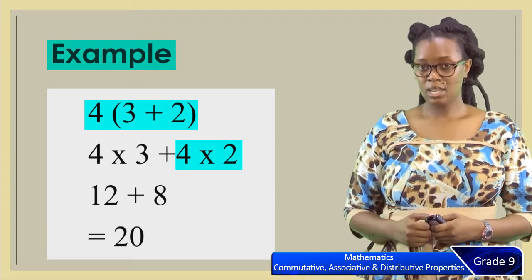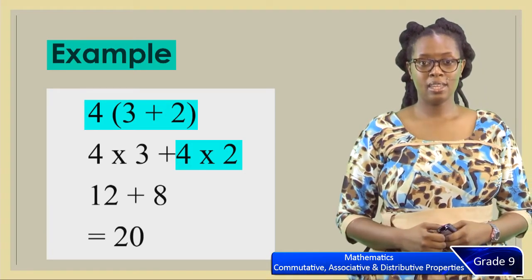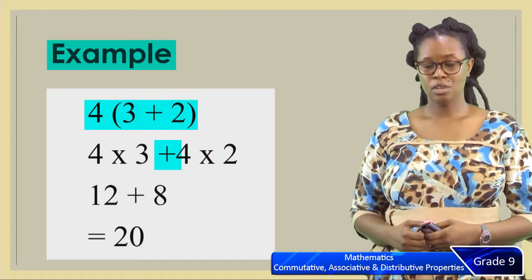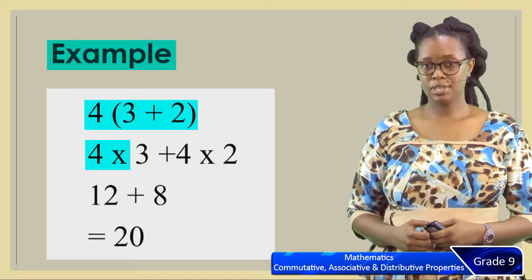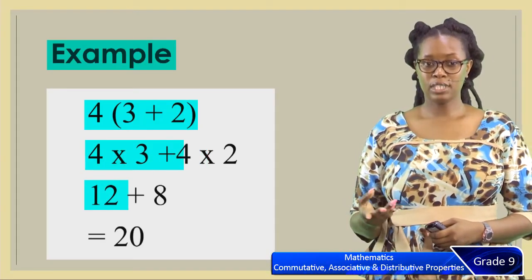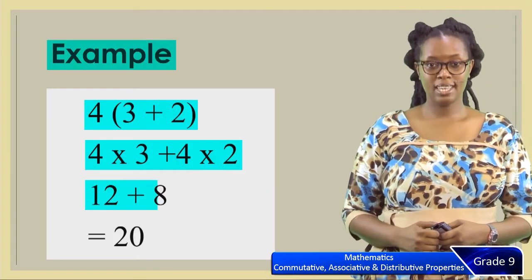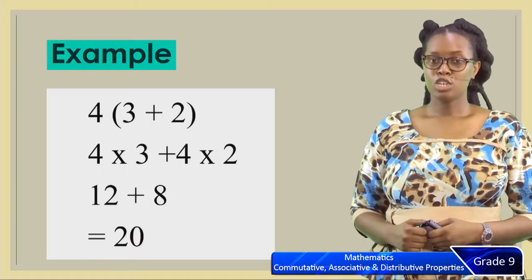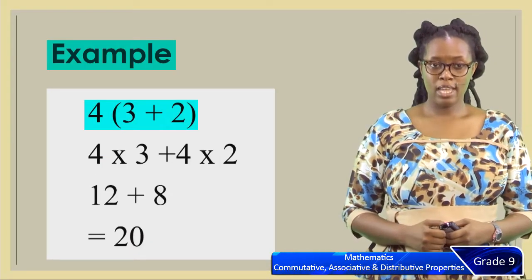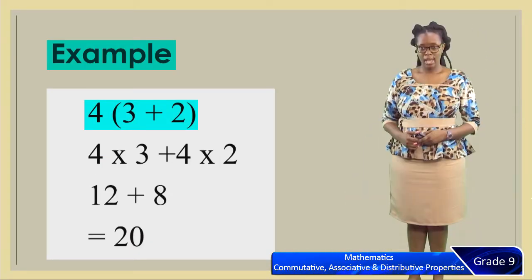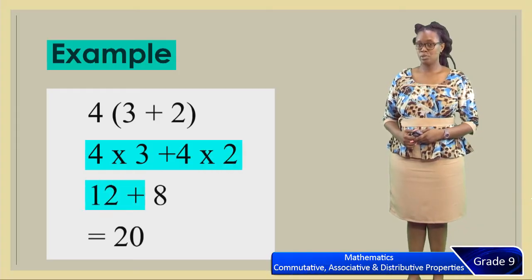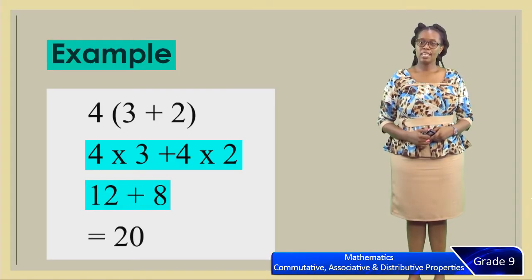And the answers that we get after we finish multiplying, we would have to add them together. So 4 times 3 is 12, and 4 times 2 is 8. So 12 plus 8 is 20. So when we expand 4 times 3 plus 2 using the distributive property, the answer is 20.